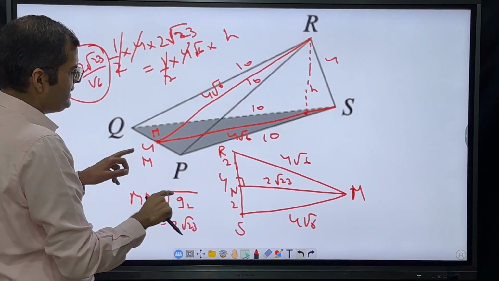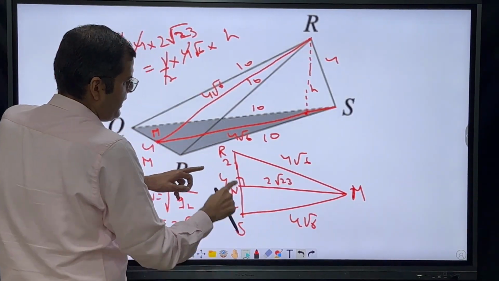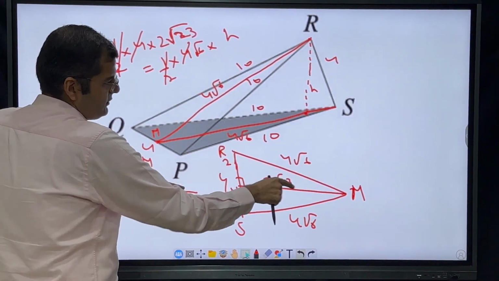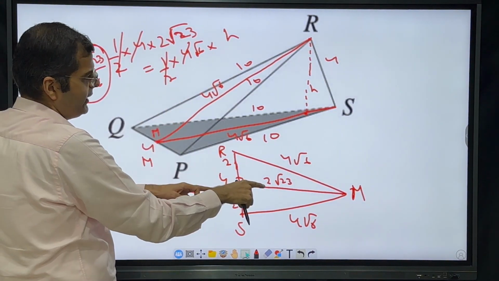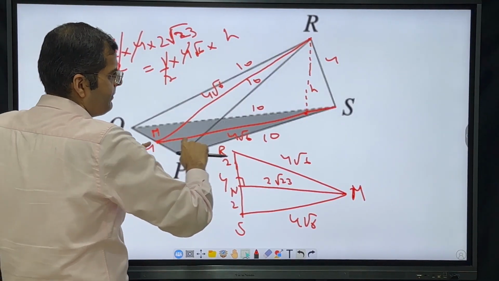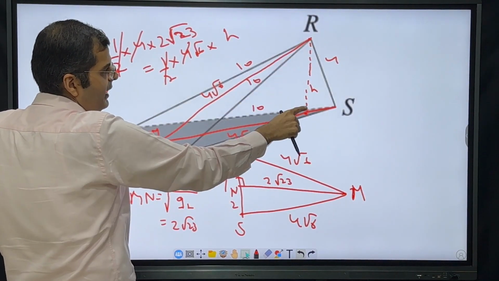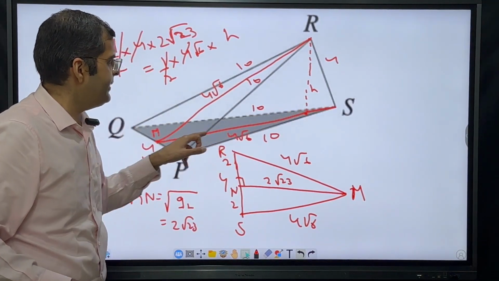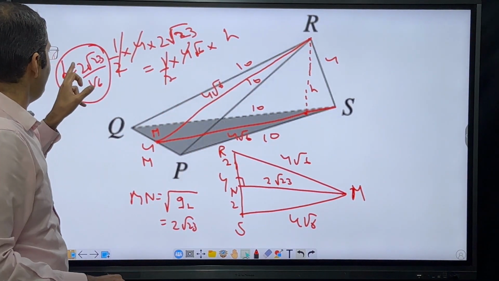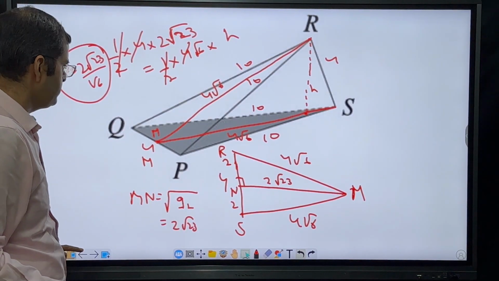So what I did was I found the area of triangle MRS in two ways. One is where I dropped the perpendicular MN and found the area half into 4 into 2 root 23. The other way is if I take MS as the base and then height H from R on MS, half into base MS into height H. So from here I get H is equal to 2 root 23 by root 6.